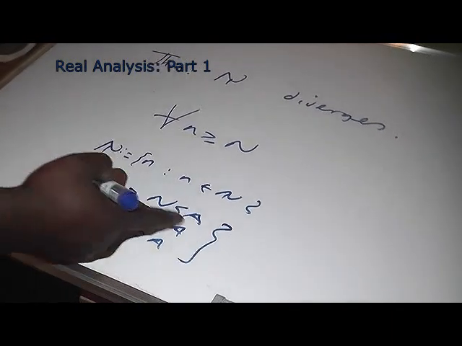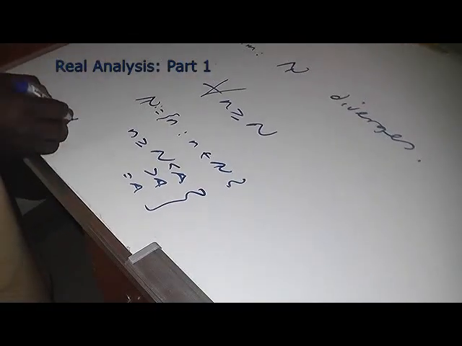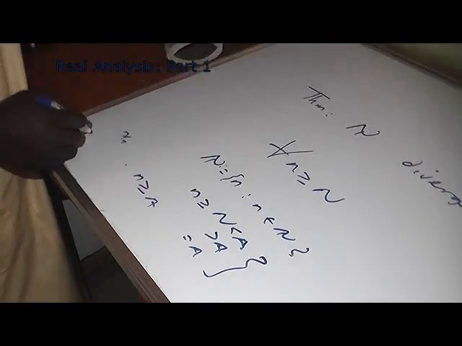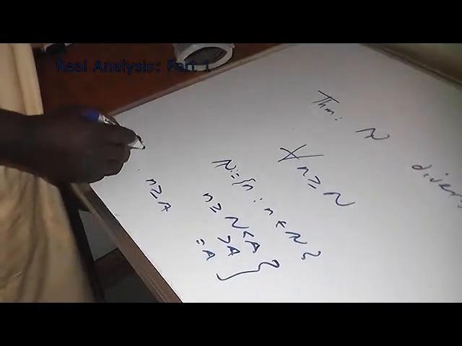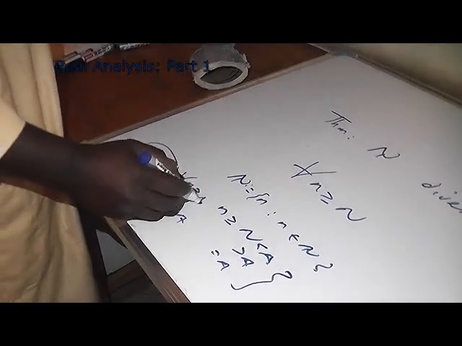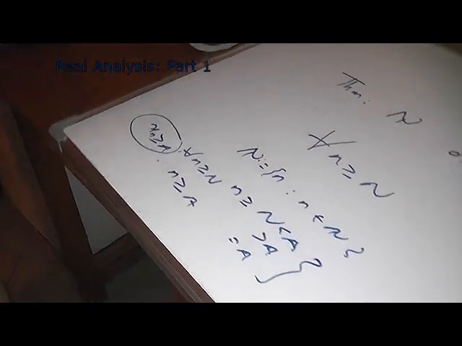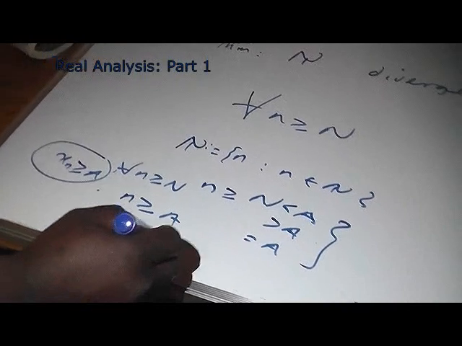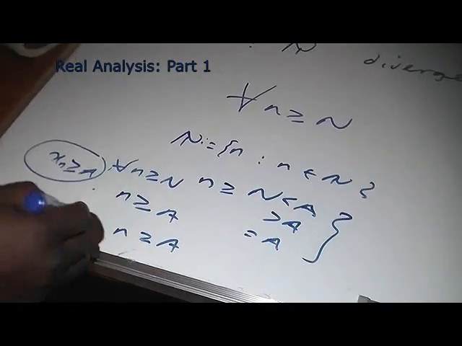So if n is greater than a, then it means n is bigger than or equal to a, meaning that xn, which is a natural sequence, is bigger than or equal to a for all n bigger than or equal to N, the divergence. If n is equal to a also, that means n is bigger than or equal to a, meaning that xn is bigger than or equal to a.